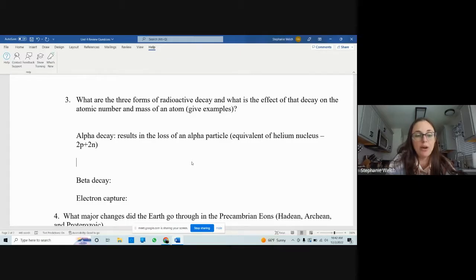So if you have a process that's going to just basically spit out this little ball of mass of 2 protons and 2 neutrons, then the effect of this has to be to change the atomic mass. So this is something really important to remember when you're trying to narrow down your options of what kind of decay it could be, given an example. This is the only type of decay that changes the atomic mass.